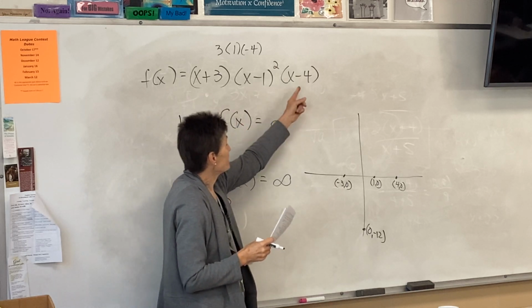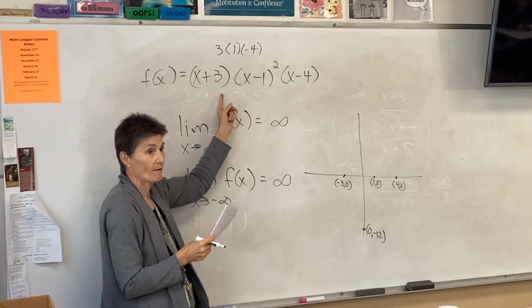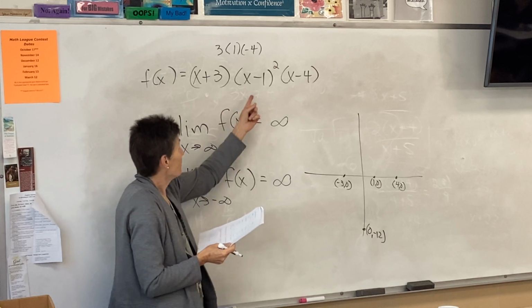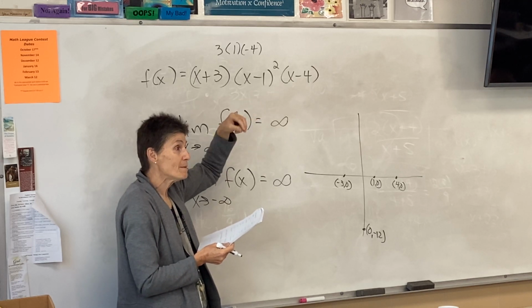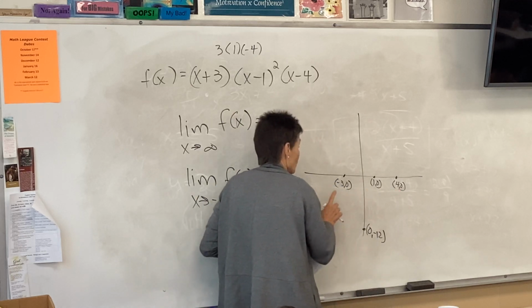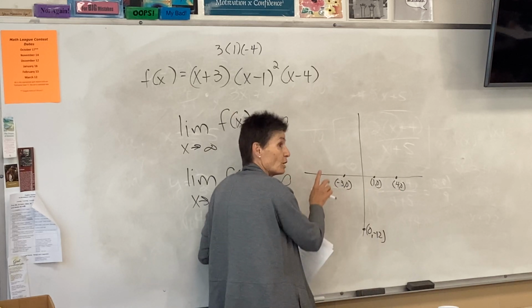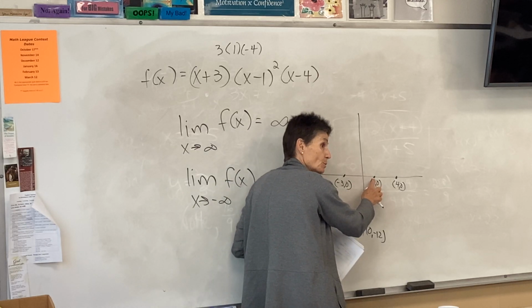Well, these guys are just what we call simple zeros or single zeros. They only occur once. But that one has a multiplicity of 2, which means at these 2 points, the curve, whichever way it's going, is going to go straight through. But at this guy, he is going to bounce off.